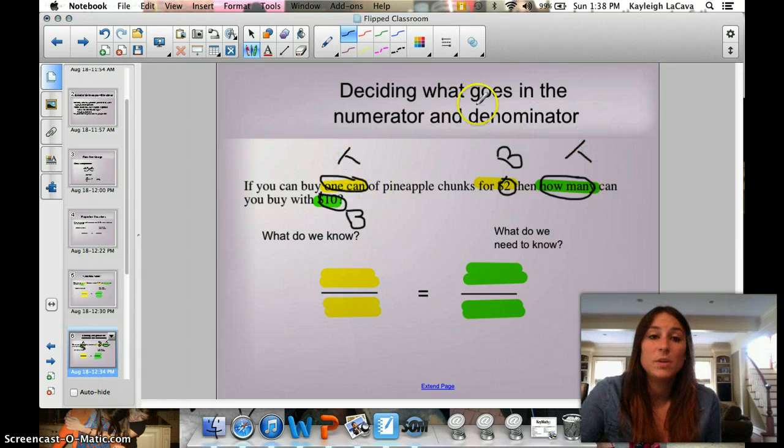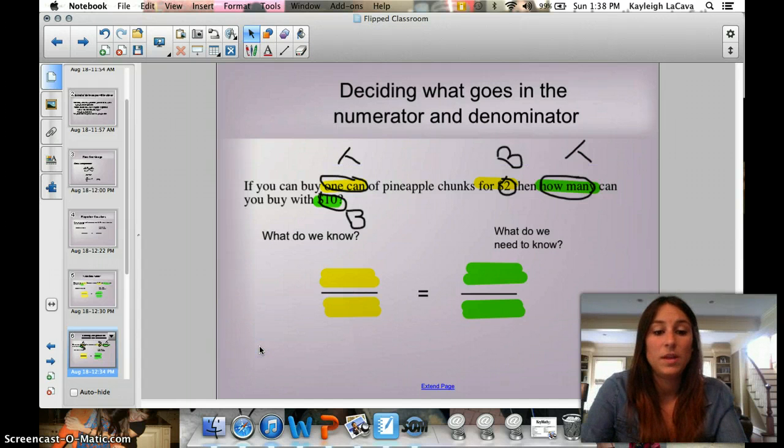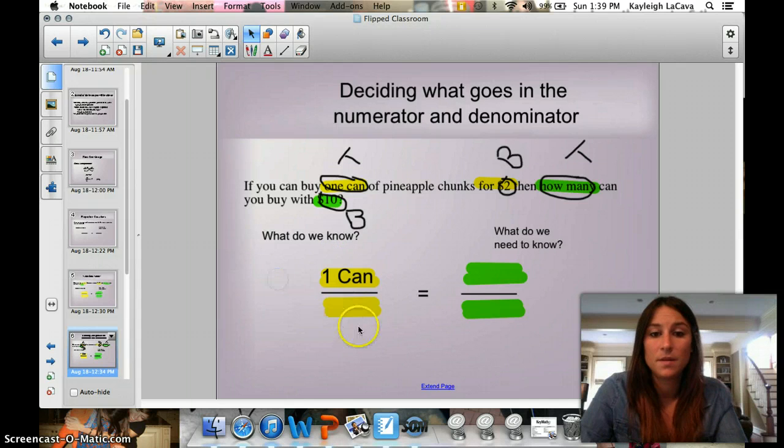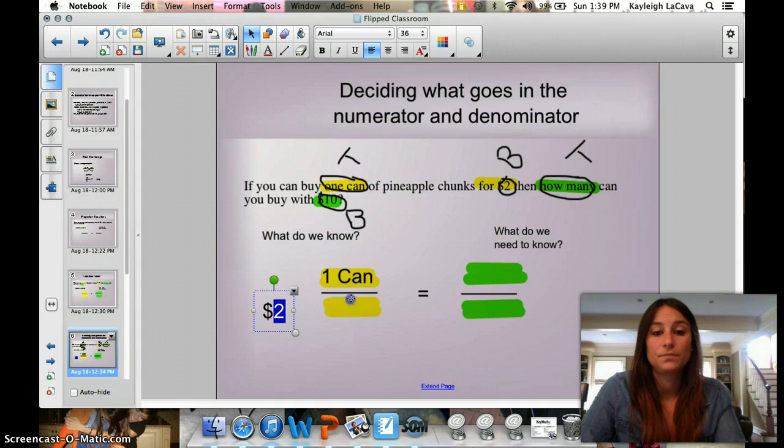So with this information, what do we know? We have one can, and we said that's going on the top. And we have $2, and we said that's going on the bottom.